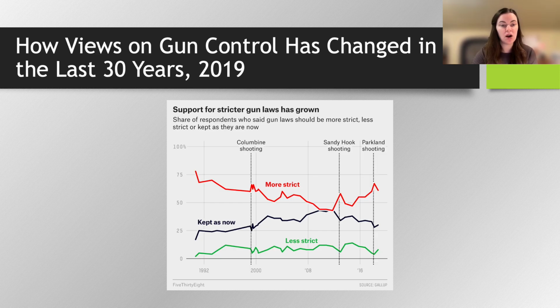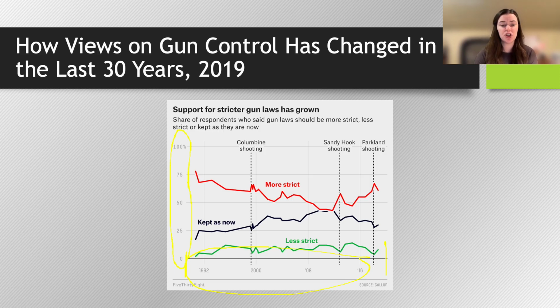So in this case, our y-axis here on the left is communicating to us the various percentages in which there has been support for stricter gun laws. Our x-axis here at the bottom is showing us the various years in which this survey was conducted. And that ranges all the way from 1989 here on the far bottom left-hand side to 2019 here on the far right-hand side.